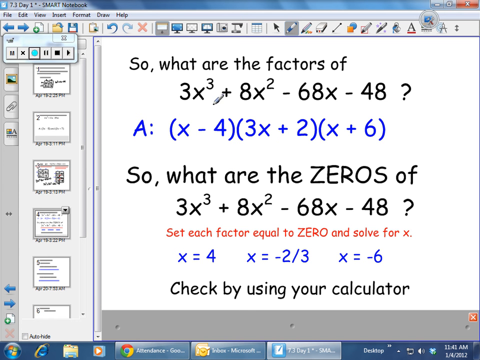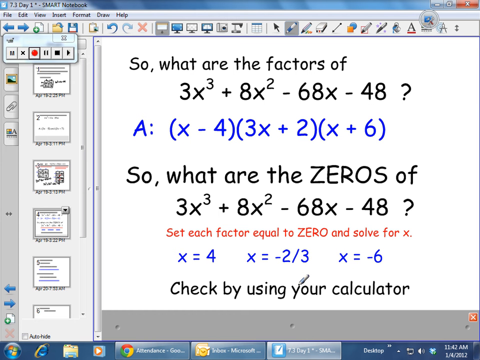So what would make this part 0? That would be 4, because 4 minus 4 is 0. What would make this part 0? That would be negative 2/3, because 3 times negative 2/3 is negative 2, plus 2 is 0. And what would make this part 0? That would be negative 6. So our three zeros are 4, negative 2/3, and negative 6.